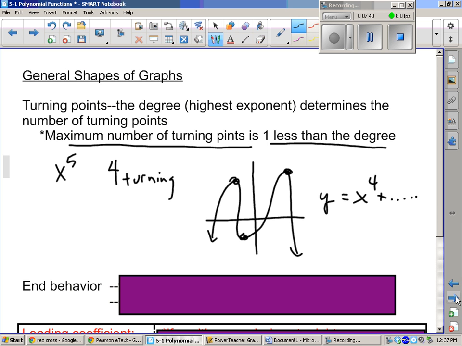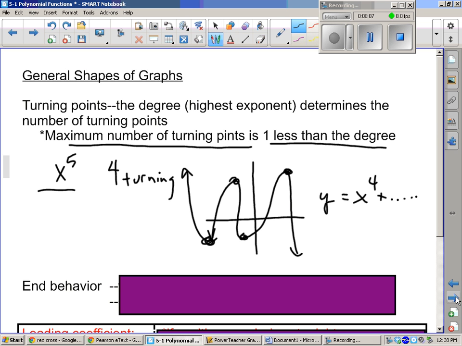It doesn't necessarily mean it is 4, but the highest it could be is 4. Now, x to the 5th can have 4 turning points, so I would have to add on another turning point. So there it makes my 4th one. So it just depends. You got to look at it and see how many turning points you have by the exponent of the leading term, the highest power.